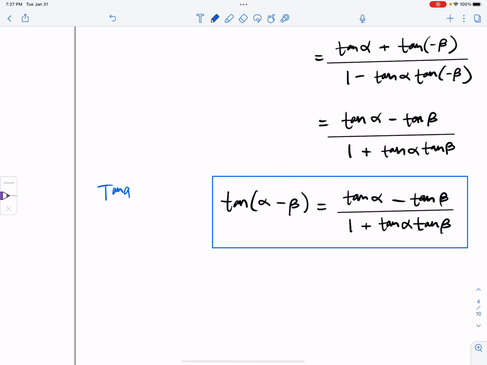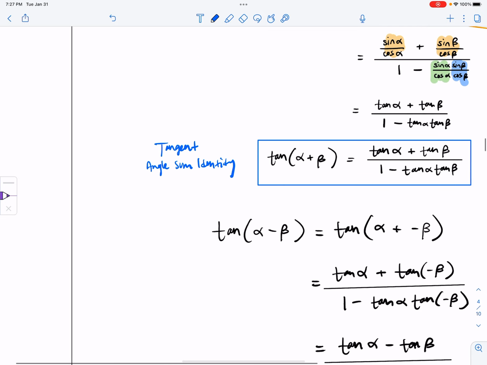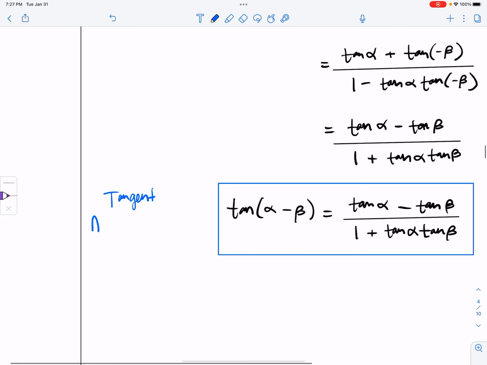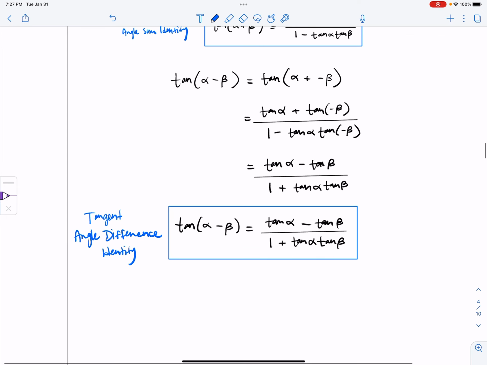So this is tangent's angle difference identity. And most texts just refer to these as the sum and difference identities. I always add the angle in there because it's the sum of two angles. The argument is the sum of two angles or the difference of two angles.